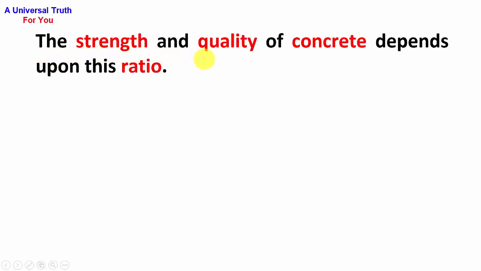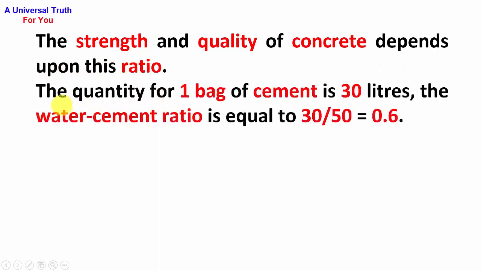The strength and quality of concrete depends upon this ratio. The quantity of water for one bag of cement is 30 liters. The water cement ratio is equal to 30 by 50, which is equal to 0.6.